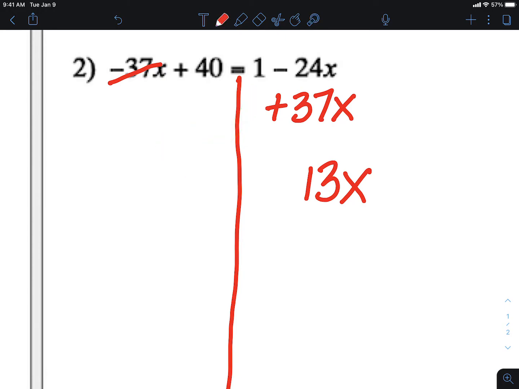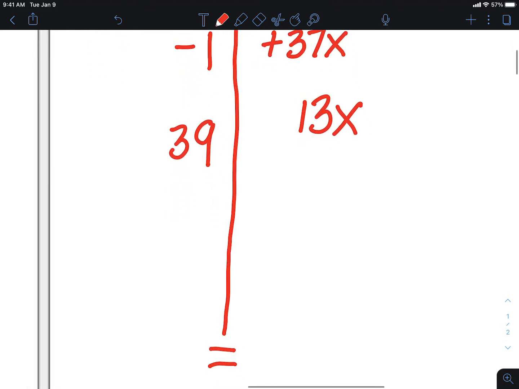So I'm going to cross it out here, and I'm going to make it a negative 1. So now I say 40 minus 1 is 39. 39. So now everything with an x is on the left. Numbers are on the right. Again, everything with an x is on the right, numbers are on the left, right?